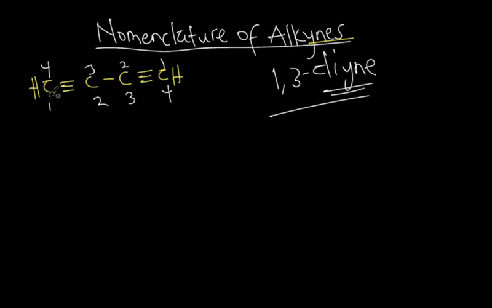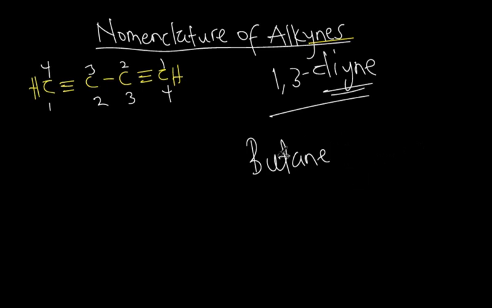Now we have 1, 2, 3, 4, which is 4 carbons, and 4 carbons is butane. But because this is a diene, we just add the ending to it and then we get our name.